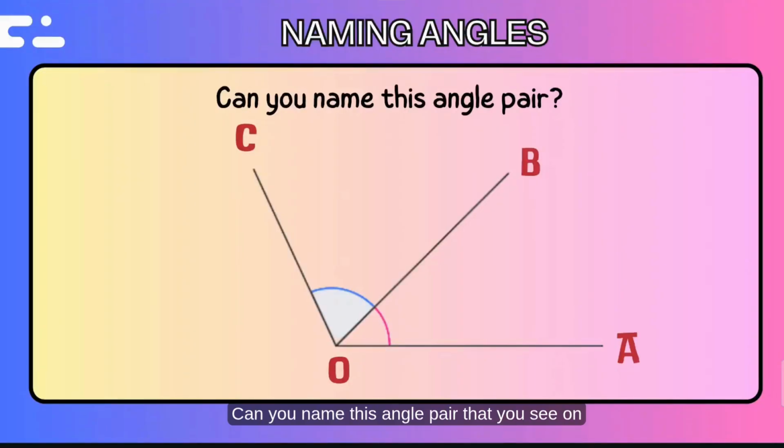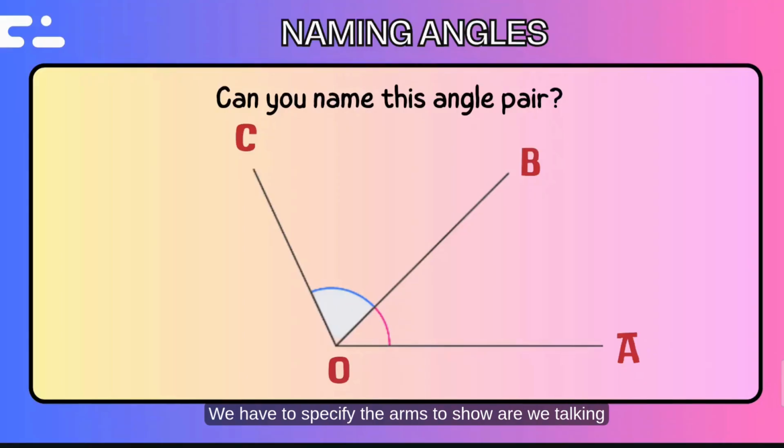Can you name this angle pair that you see on the screen? You may pause the video to match your learning pace. The first point that should come to your mind is that there are multiple angles getting formed at the vertex. In an angle like this, there are only two ways of explaining or naming the angle. Can you tell me why? Because mentioning O will be confusing.